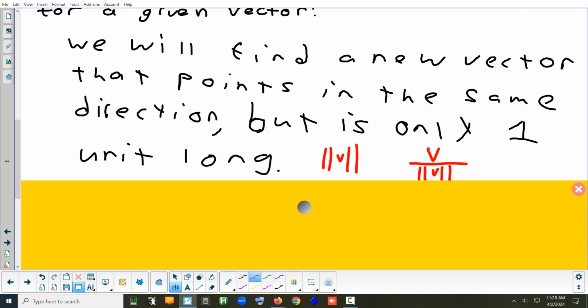It's the same as multiplying by 1 over its magnitude, the reciprocal of its length. That's the formula for finding a unit vector.